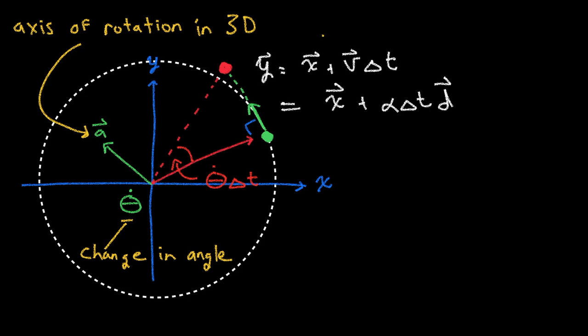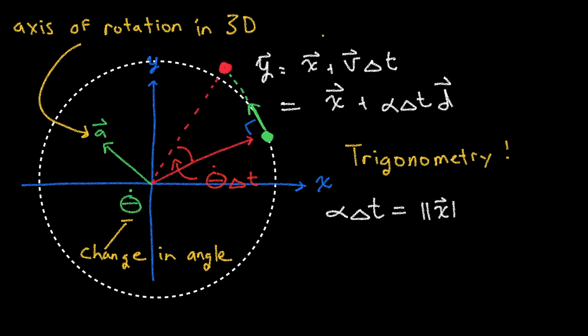Now to do this, we're going to rely on every mathematician and computer scientist's friend, trigonometry. And by looking at this diagram here and exploiting the fact that we know that the velocity is orthogonal to our position vector x, we can arrive at the following equation for the length of our offset.